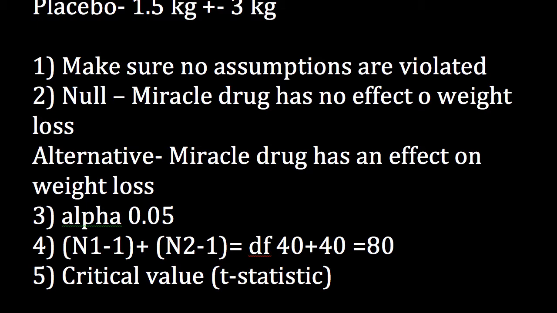When it's greater than or less than a certain number, our results will become statistically significant. So how do we find this? There are tables available that contain all the t-values based on the degrees of freedom, the number of tails that you're using for your test, and the alpha. So let's pull up a t-table.